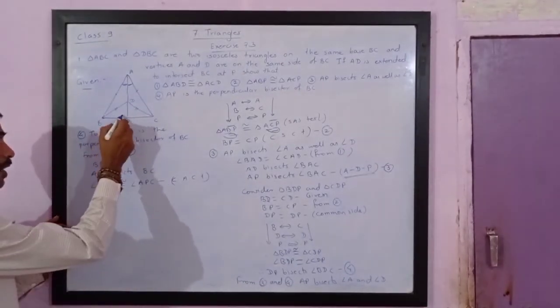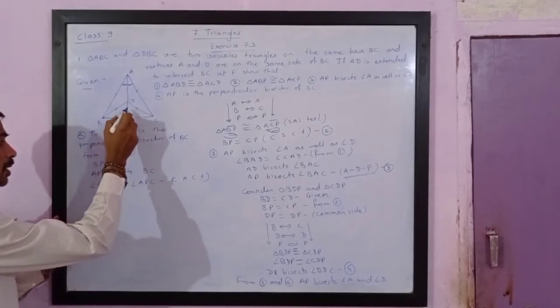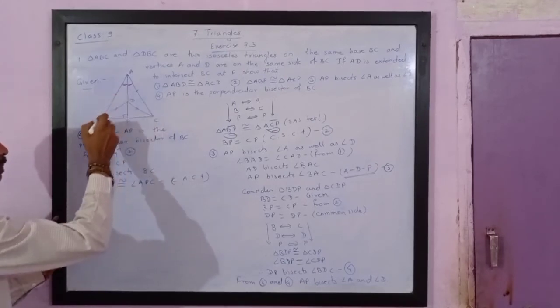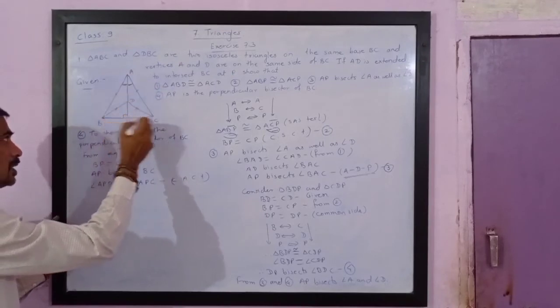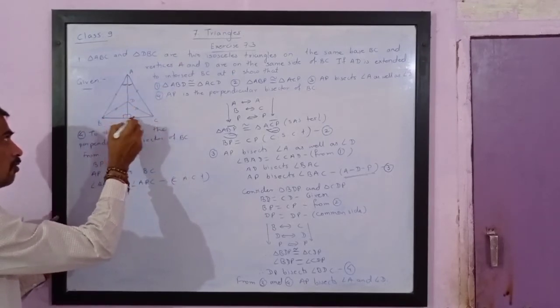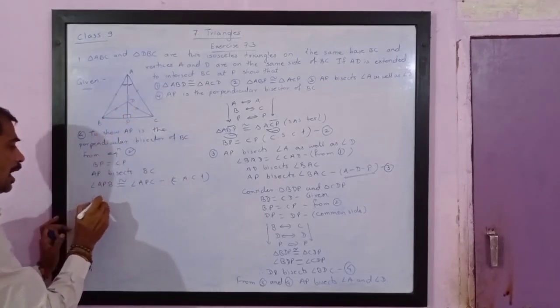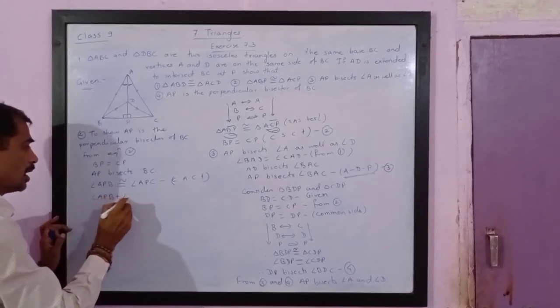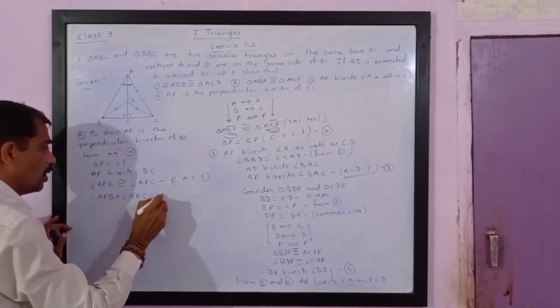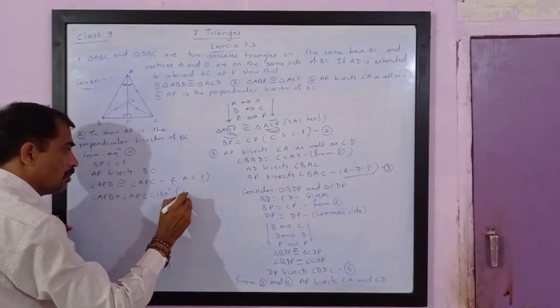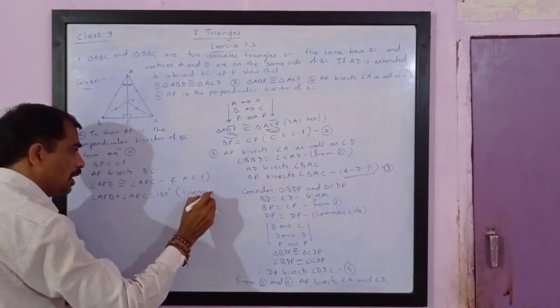But look at the figure. Now angle APB plus angle APC forms a linear pair. Angle APB plus angle APC is equal to 180 degrees. Reason is they form a linear pair.